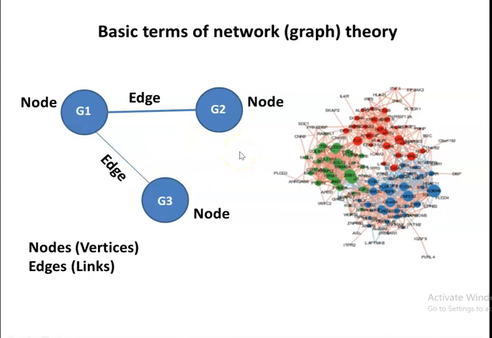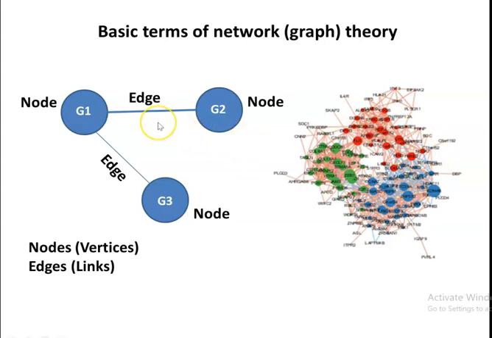Because we're talking about co-expression networks, the entities that are forming interactions in this context are our genes. The entities that comprise a network are called nodes. So we have gene 1, gene 2, gene 3, etc. You can see the genes here as well.